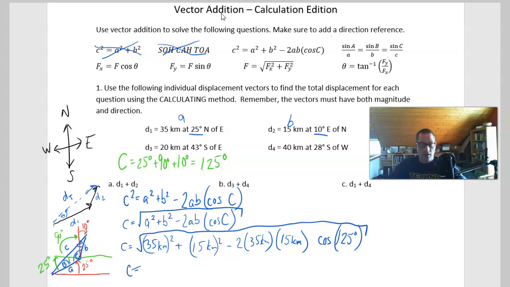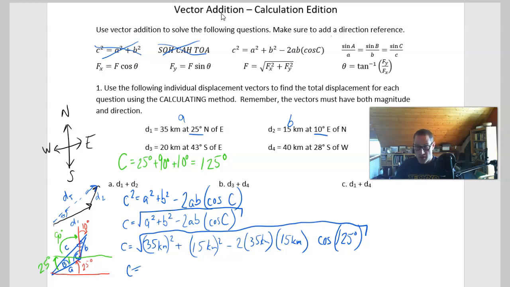So let me again get out my calculator. This is a much bigger one. There's lots more opportunity to mess this up, but let's see what we can do here. So I'm going to try to do it all in one shot. The square root. Actually, that's a lie. I'm going to do it in sections.